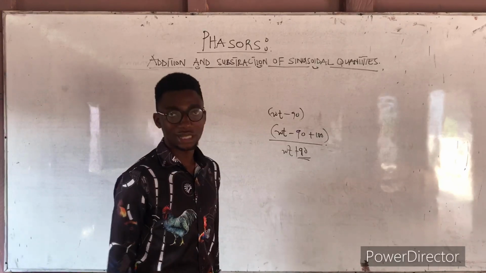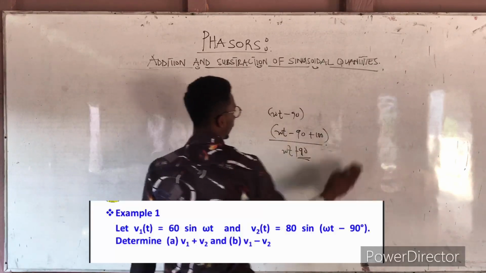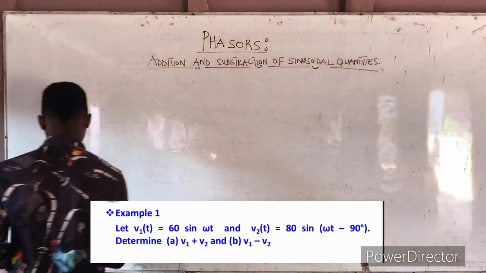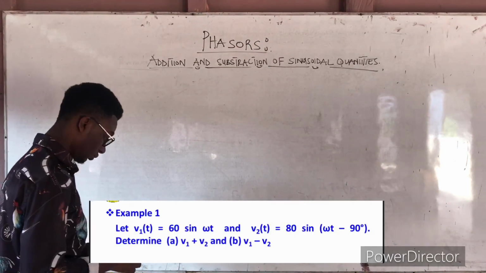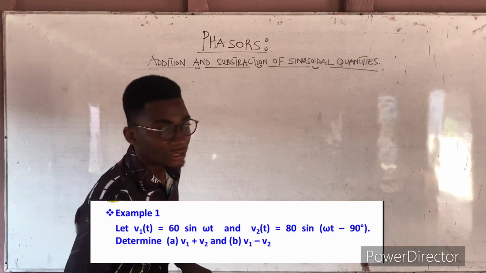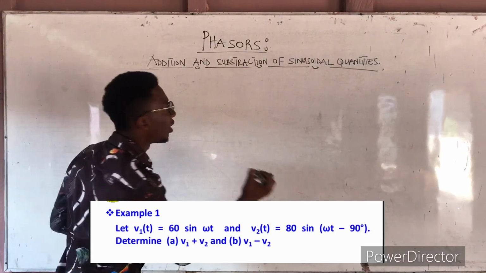Let's take this question together and look at how we deal with it. Let V1 of t equal 60 sine omega t and V2 of t equal 80 sine omega t minus 90. Determine A, V1 plus V2, and B, V1 minus V2. We have two sinusoidal voltage quantities.